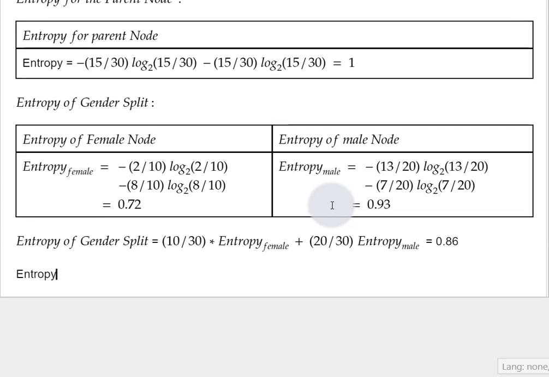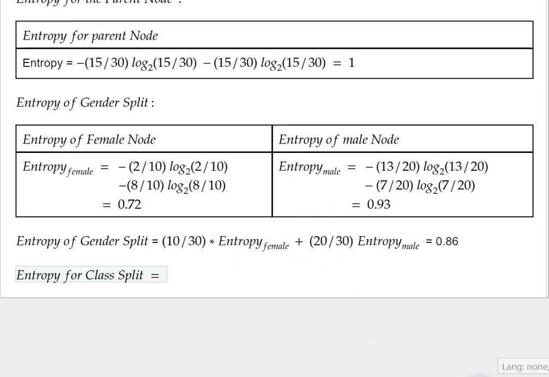This time we will just try to compute it on the fly.